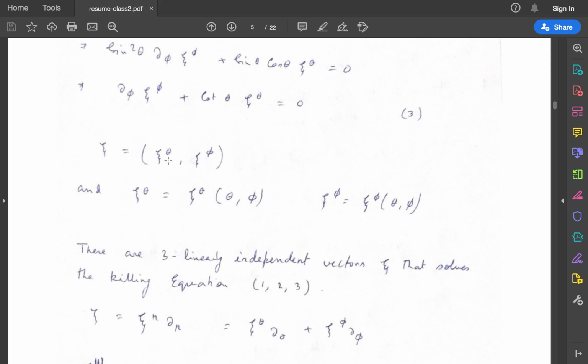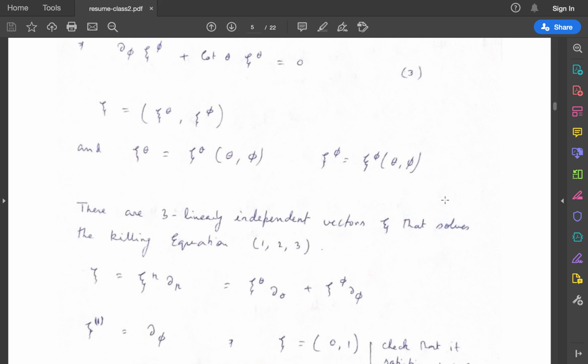I can write zeta theta and zeta phi, and explicitly zeta theta can be a function of theta and phi, and zeta phi can also be a function of theta and phi. There is no way of solving this directly, but what we can do is guess some solutions and check whether these are Killing vectors or not. If we guess rightly, they will satisfy the three Killing equations, and we can then conclude that these are the Killing vectors.